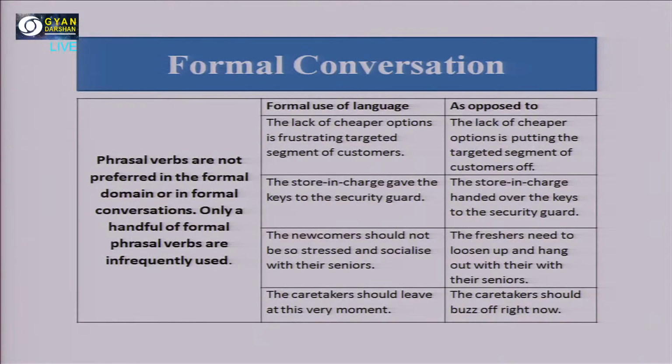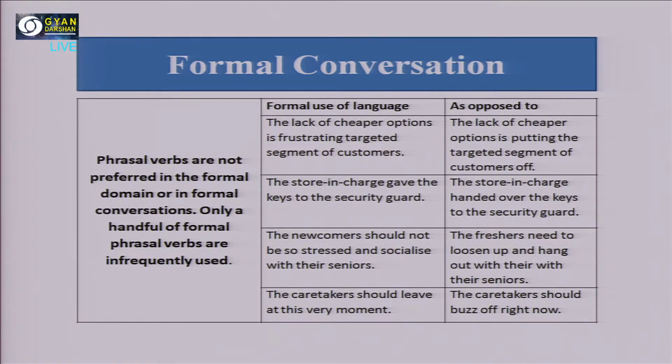The second thing that I would like to bring to your notice is, while dealing in a formal conversation, phrasal verbs are not preferred. Only a handful of formal phrasal verbs are used, and that too very rarely.